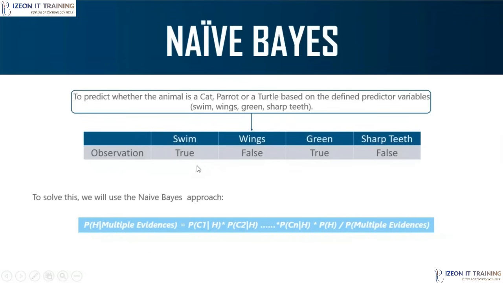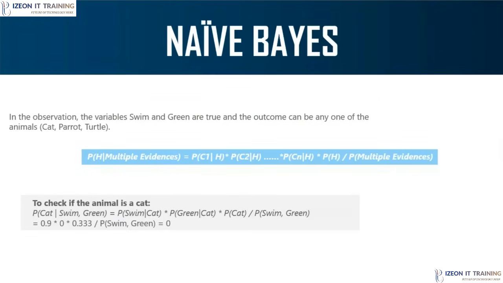And the outcome can be any one of the types. It can either be a cat, a parrot, or a turtle. So in order to check if the animal is a cat, all you have to do is calculate the conditional probability at each step. So here what we're doing is we need to calculate the probability that this is a cat given that it can swim and it is green in color.